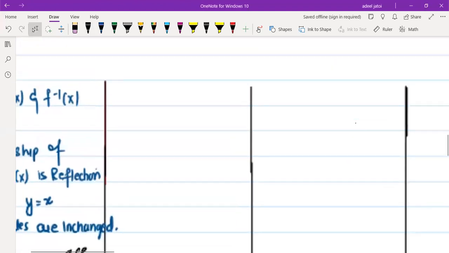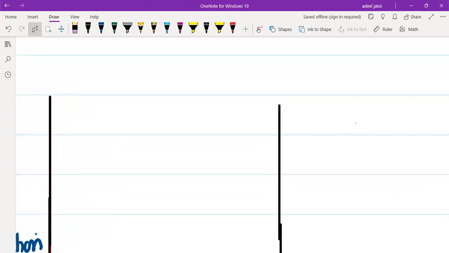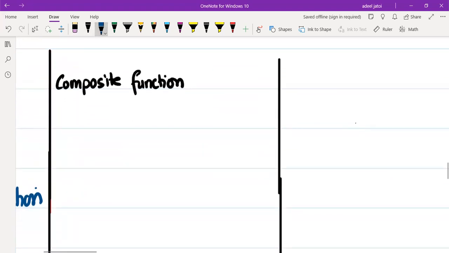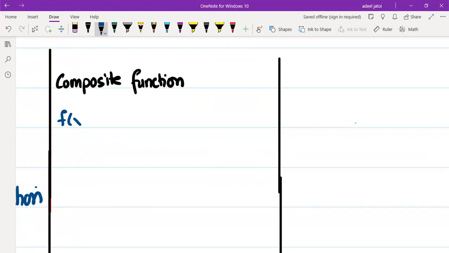Now, let's work upon composite again, the range of composite, majorly. So let's just write down a composite function. What is composite? That we already know. That means always substituting the value. Let's say that f(x) is equal to 2x minus 3 and g(x) is equal to 5 minus 2x.